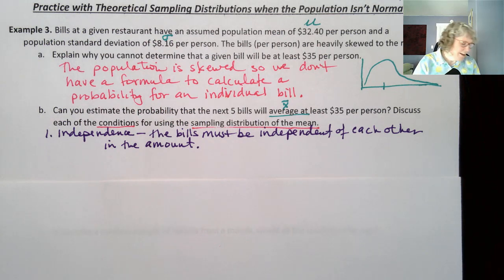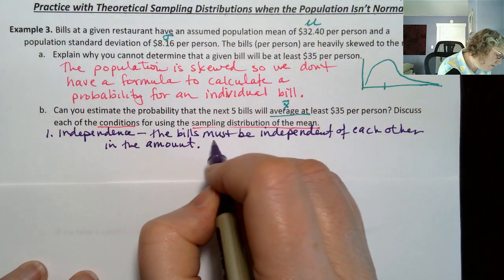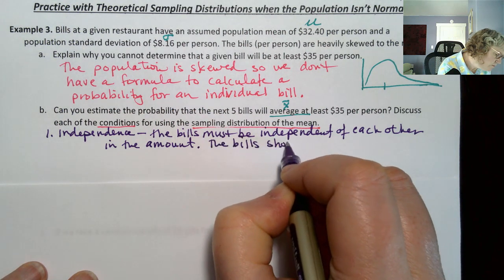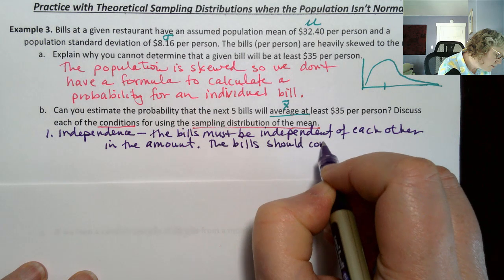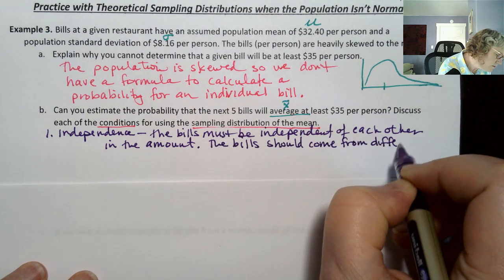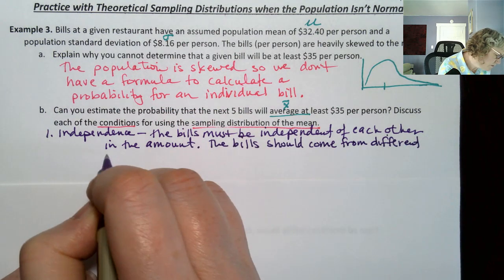That's a whole different situation. But I would think that in order to be independent, these bills should come from different tables, and they should be randomly chosen.